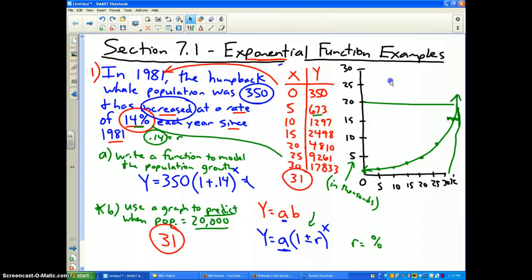If you got questions about this example, please ask, but that's how you do it, and that's where exponential growth and equations comes in.